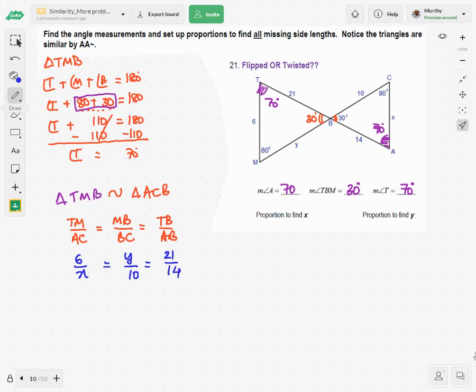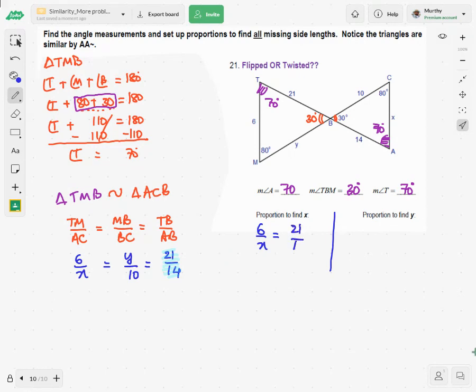So always you take one known value and one unknown value. I see 21 and 14, so I know both the values here. While setting up the proportion for x, it is 6 over x, and one known value, that is 21 over 14.